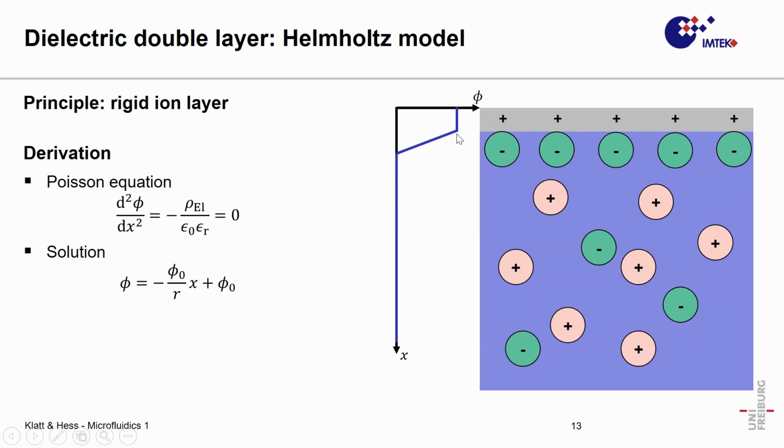Consequently, if you look at the electric potential, you see that it's linear and it decreases the further away you are from the wall until the position r, which is the radius of your particle, and then it is 0 along the x-axis.